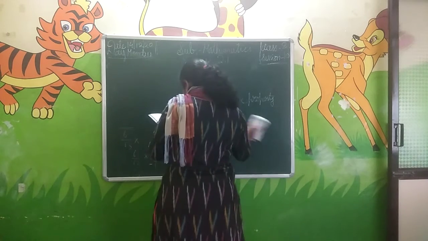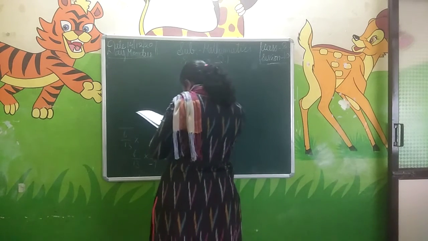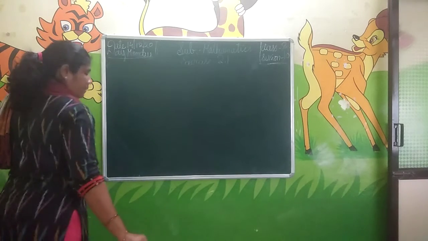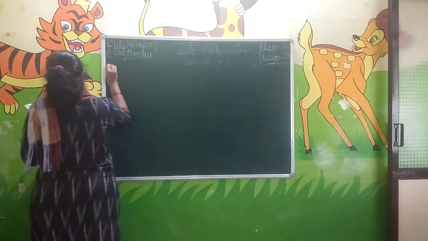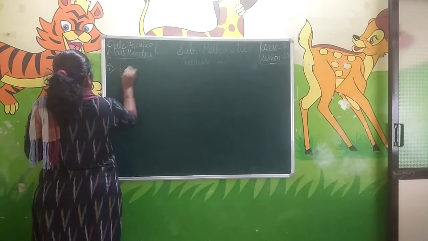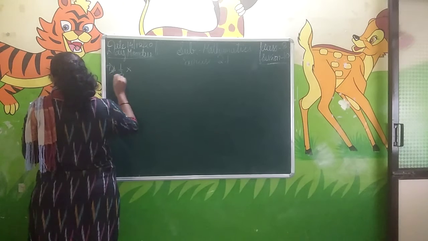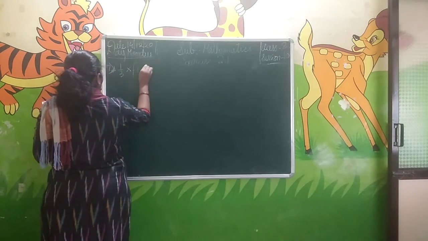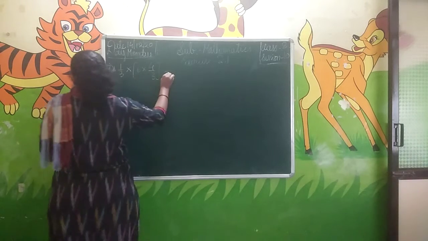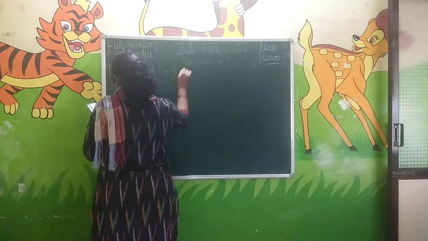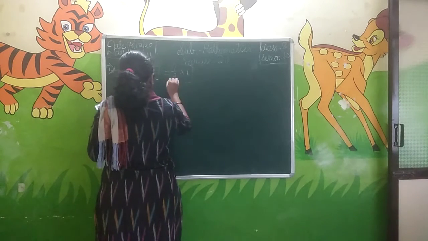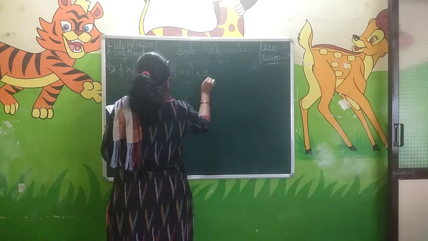We can write this in the form of 1 by 3 of 6 into 4 by 3 is equals to 1 by 3 into 6, of into 4 by 3.